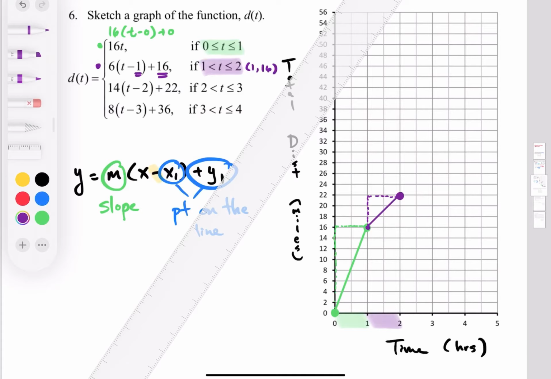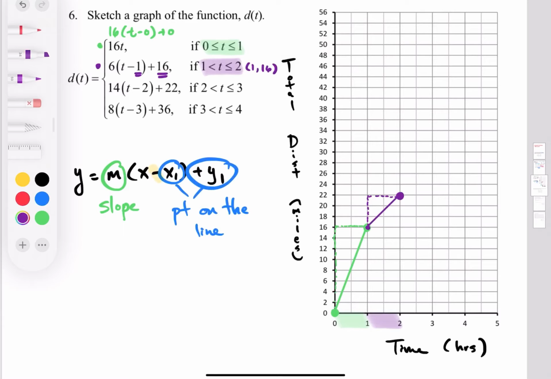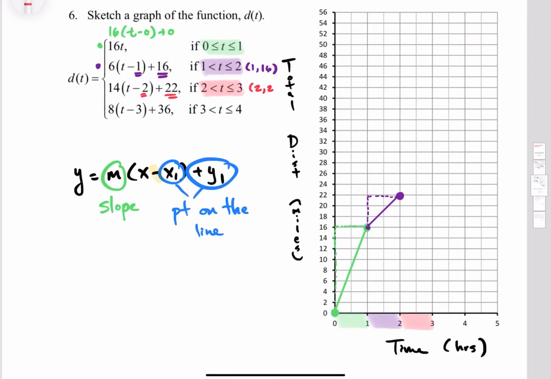Now let's take a look at the third piece of our graph. The third piece is between the hours of 2 and 3. Notice, once again, the point that it's starting off at is 2, 22. And if you haven't noticed, it happens to be the point where we left off, because it's a continuous graph.